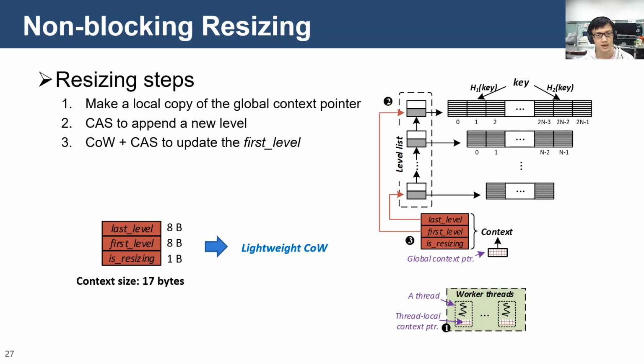Otherwise, retry the atomic update for the global context. Note that the context size is only 17 bytes, containing 2 pointers and 1 Boolean flag, and the global context is modified only when resizing. Hence, the copy on write for context is lightweight.